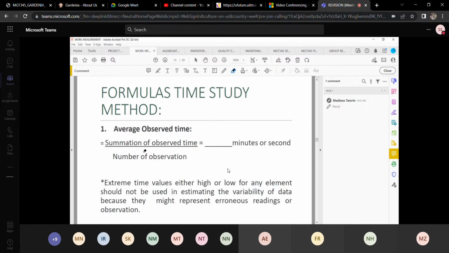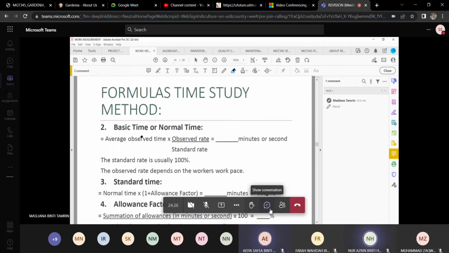So you should remember the same task, the same activities, you take the time again and again. Repetition, routine task. So summation of the observed time over the number of observations. Your answer is either in minutes or seconds depending on the question given.